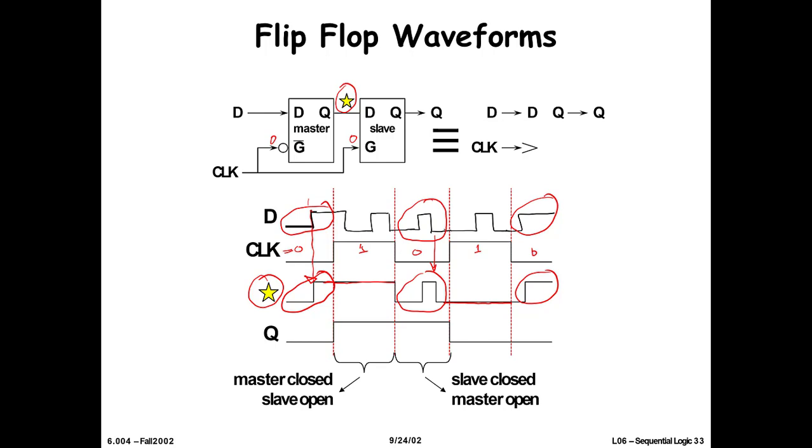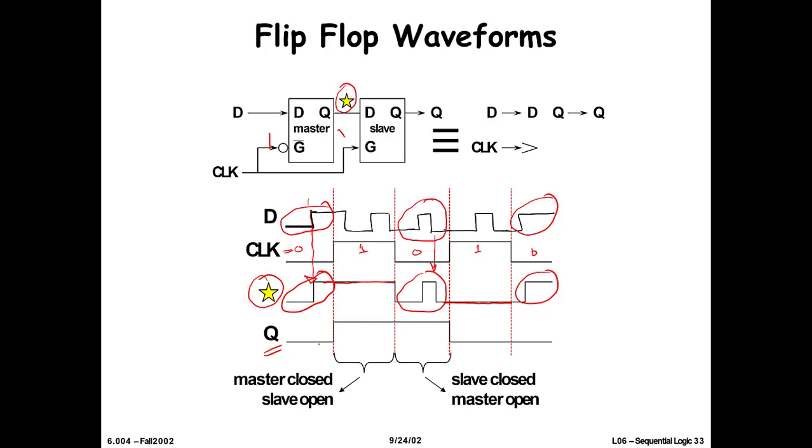If we look at the output Q, it will follow the star node, because star is the input to the slave, and it is working in the reverse order. Whenever the clock is 1, the slave is transparent and the master is in memory mode.